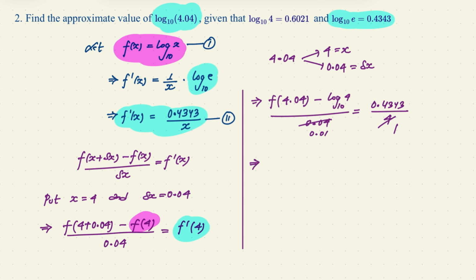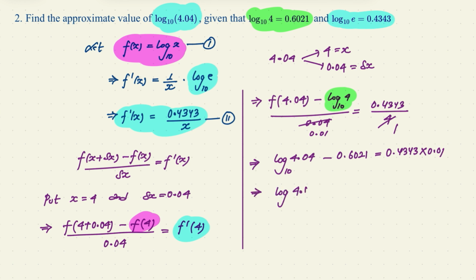So this implies f of 4.04 from equation 1 is log of 4.04 with base 10 minus, and we know the value of log of 4 with base 10, that is given in the question as 0.6021, and if I cross multiply here, we will have 0.4343 into 0.01.